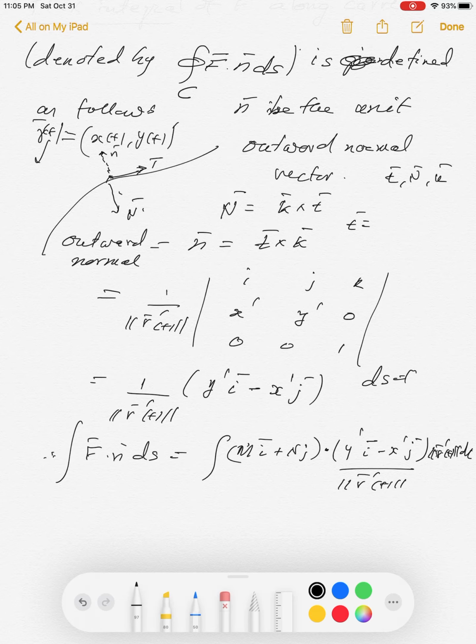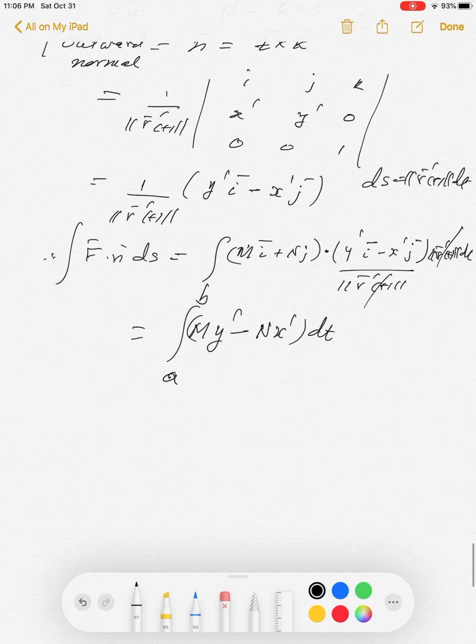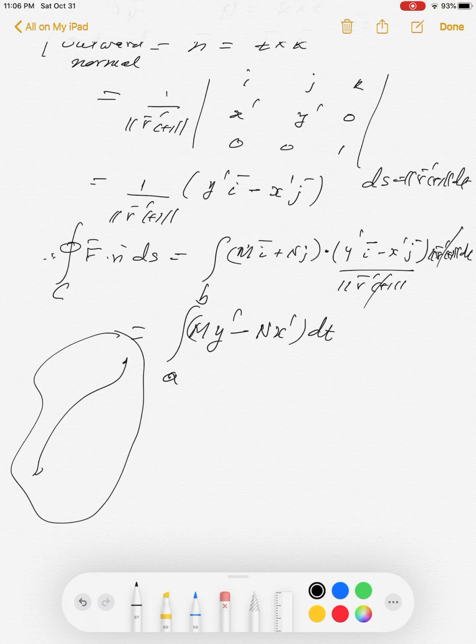There is the norm of r bar prime t in the denominator, and ds will be the norm of r bar prime t dt. So this is going to be the integral of M y prime minus N x prime dt. The norm of r bar prime cancels, and this will go from a to b. So this is the formula by which the flux integral is defined on C.